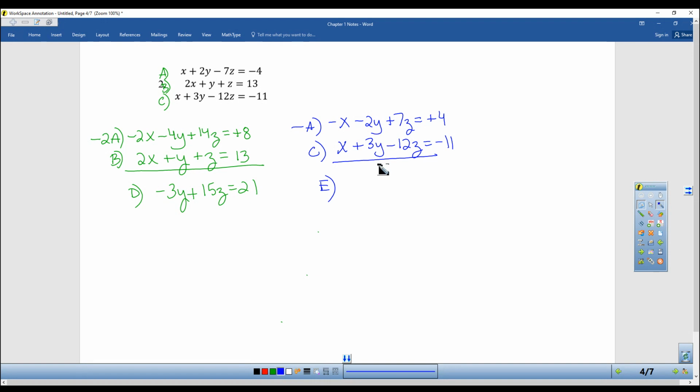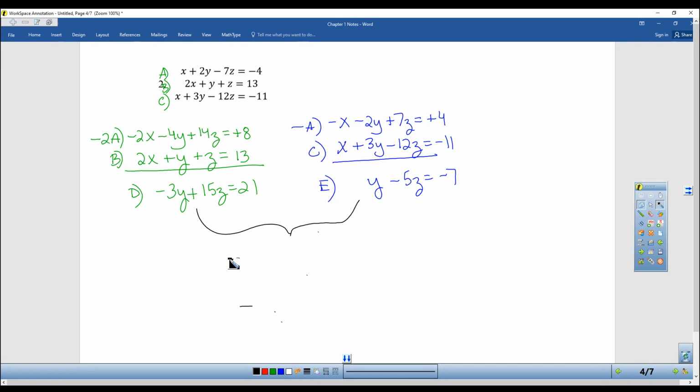That gives me positive y minus 5z is equal to negative 7. Now I take D and E, and because I correctly solved both of them for y's and z's, I got rid of the x both times. I could have gotten rid of the y or the z, it doesn't matter. As long as you have the same two variables left, now I can put these together.